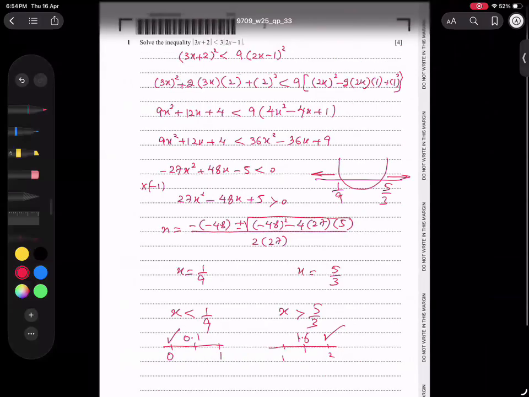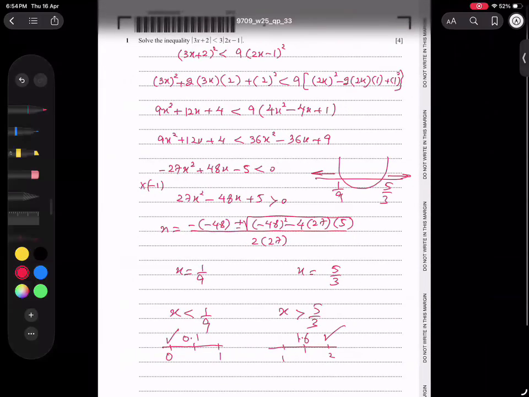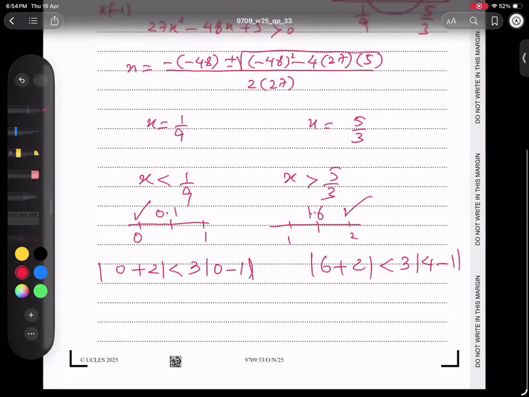For example, if I plug in 0 into the top equation, have a look: 0 plus 2 less than 3 times 2, 0 minus 1. And the same for the other one. This is 2, I'm going to plug in on top. So 3 2s are 6 plus 2, and 3 2s are 6, 4, 4 minus 1. Now check it. This is 2 and here we got 3. 2 is less than 3, true.